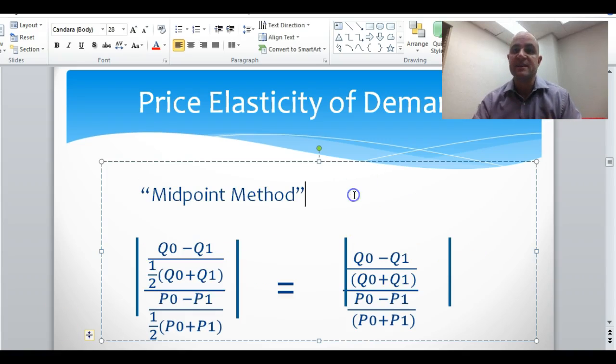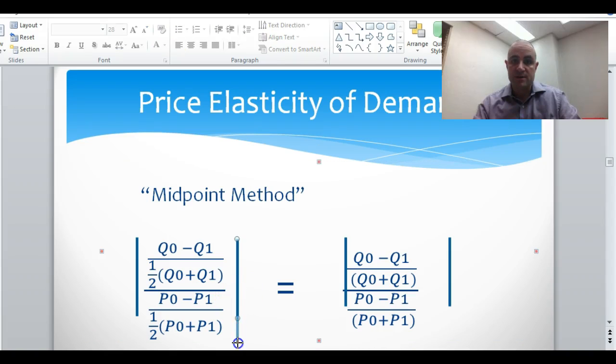We call this the midpoint method, and I'll show that in a second. So it should actually be down here, so it's not confused. All right, so percentage change in quantity demanded over percentage change in price.